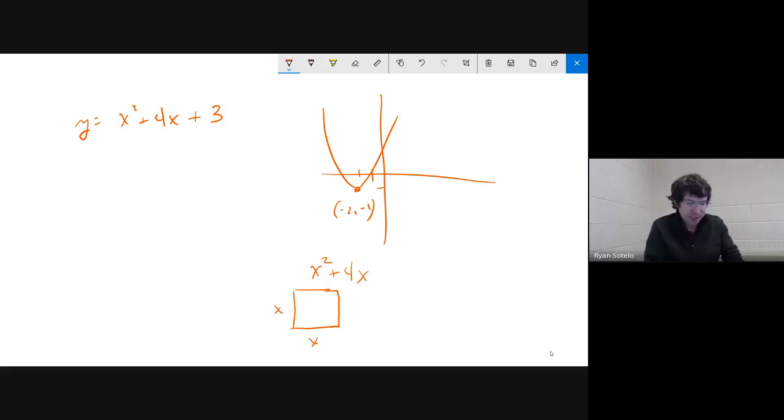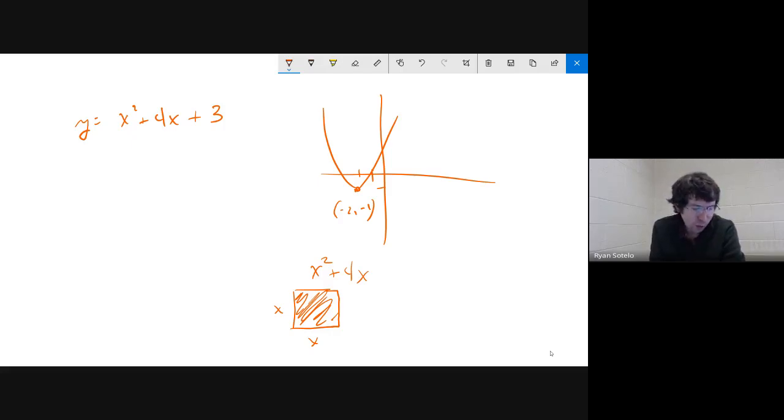So if I take x times x, I would get the area of this square. So you can think of the x squared term as representing the area enclosed in a square. So what would 4x be? Well, assuming this works even if x does equal 4. But this is a variable, so x could be sort of anything.